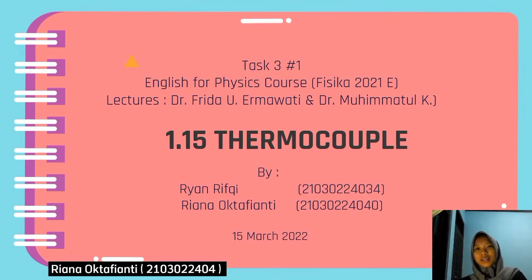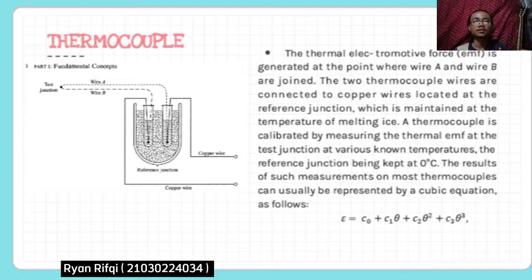The next material that we will convey is about thermocouple. The thermal electromotive force or EMF is generated at the point where wire A and wire B are joined. The two thermocouple wires are connected to copper wire located at the reference junction, which is maintained at the temperature of melting ice.